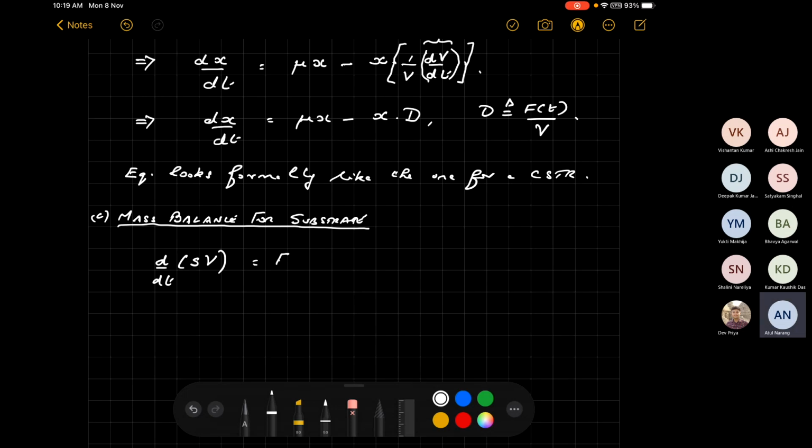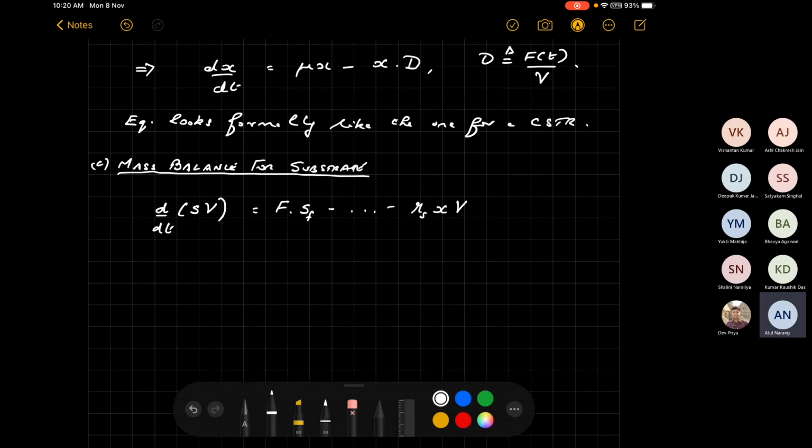Now we have stuff coming in, so there is F times SF, but we have nothing going out. The flow rate out is 0. And of course, we are consuming the substrate, so that is minus Rs times X times V. This is the consumption rate. So we have an in and a consumption, but no out.